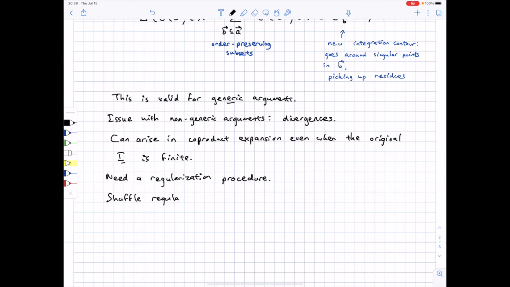We make use of the shuffle product relations to collect the divergences that appear.